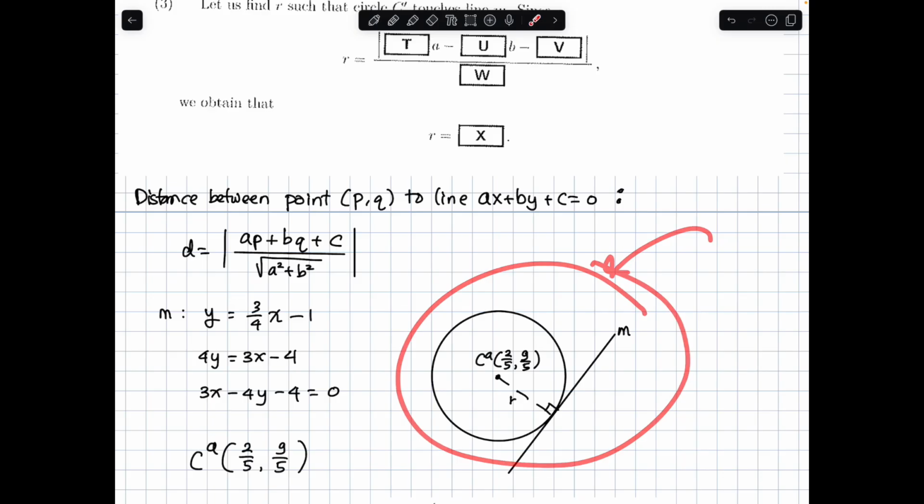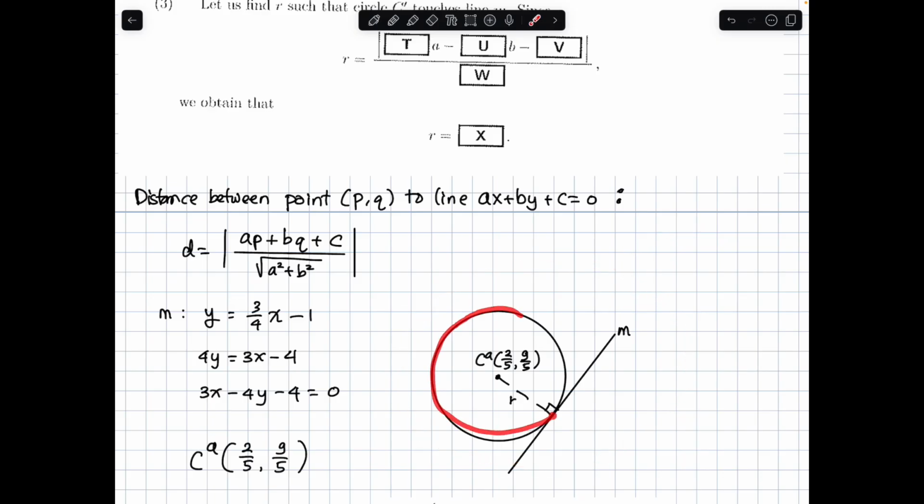Look at this. This is the new circle. We already have this center from the previous section, and it touches the line M. The line M is given from the equation here. Here is the line M.